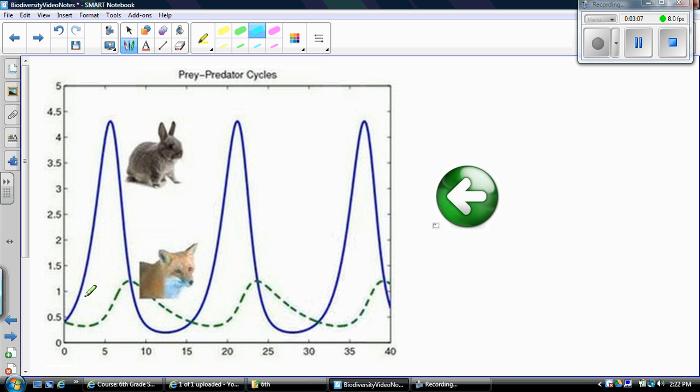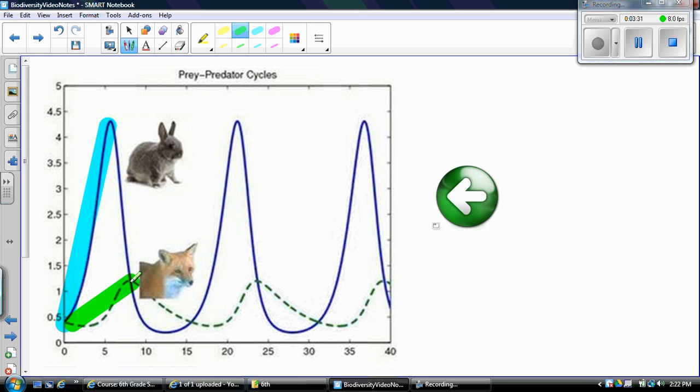The rabbit population is going to increase until the fox population starts to increase to a number where they are going to start feeding off the rabbits.